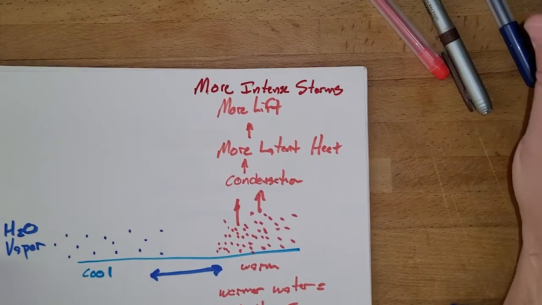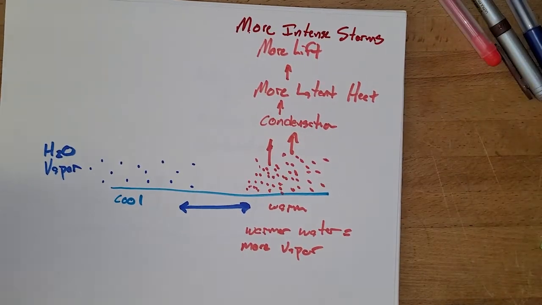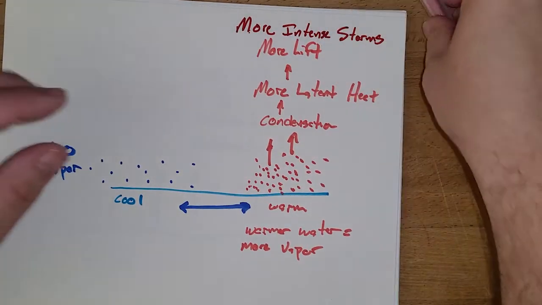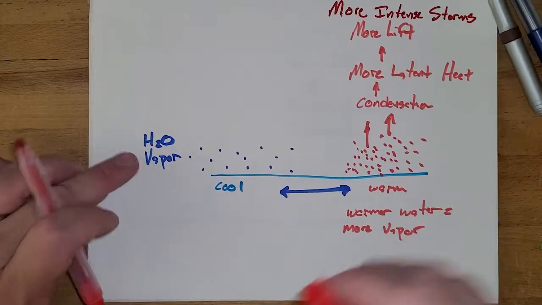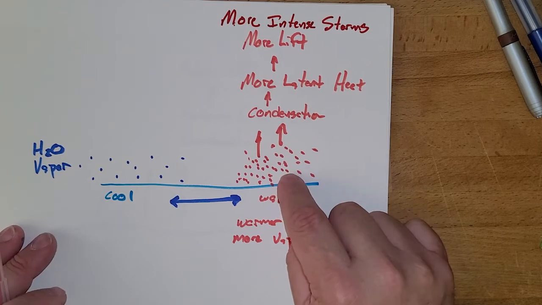This we know. Whether we like it or not, whether we think climate science is a bunch of malarkey, there is a reason that we don't get hurricanes over here in California, and we do get hurricanes over in the Gulf of Mexico.